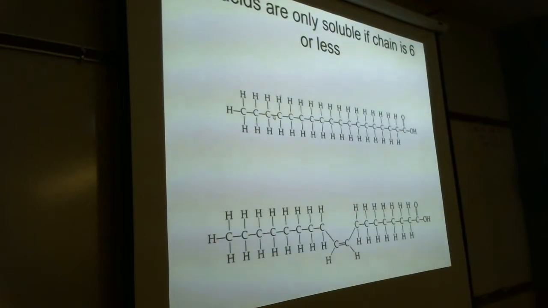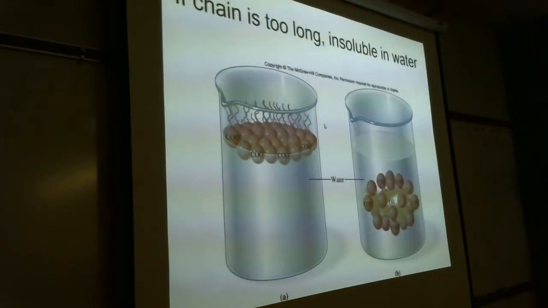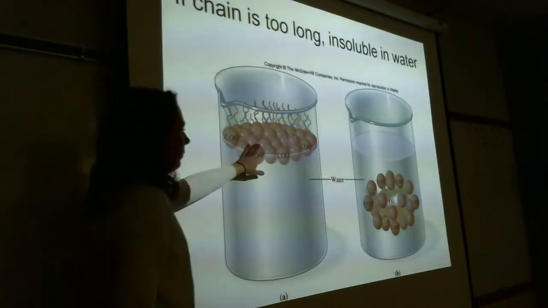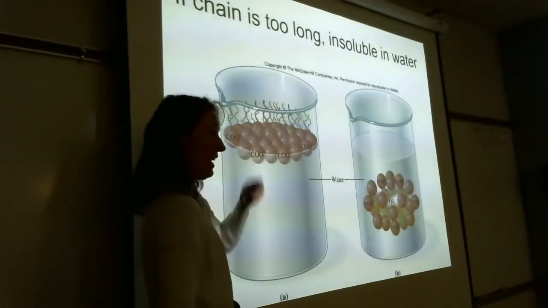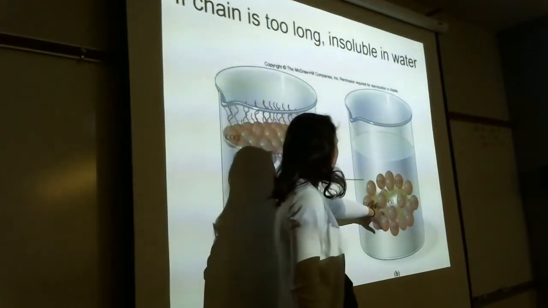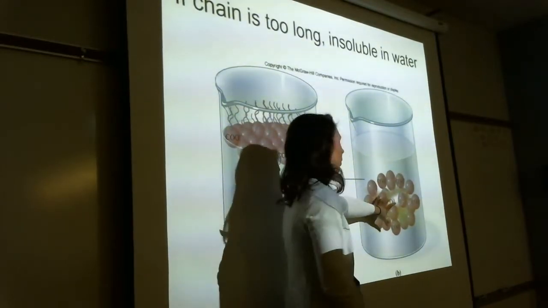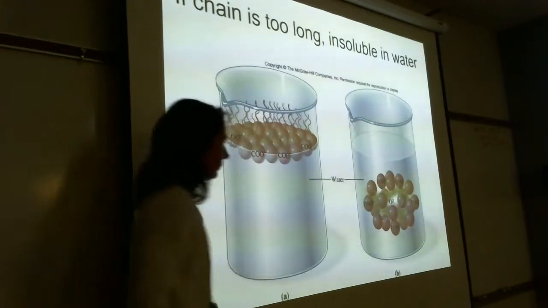When that chain gets to be too long, the nonpolar component becomes the primary influence on solubility. Just like with the alcohols I showed you a minute ago, if the chain becomes too long, it's now insoluble. You'll separate out into layers. Or if you shake it up, it'll be in these little micelles, which will then separate out into layers.